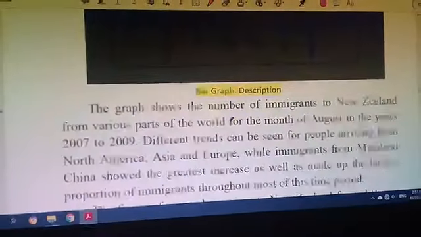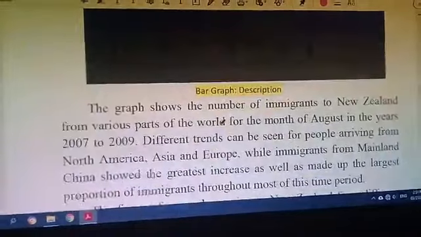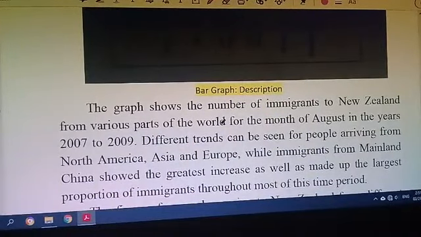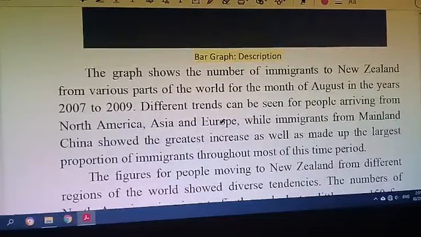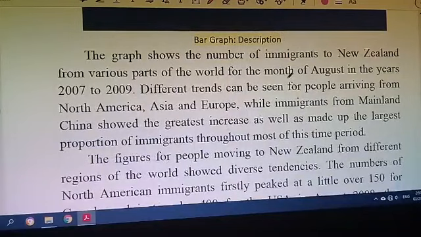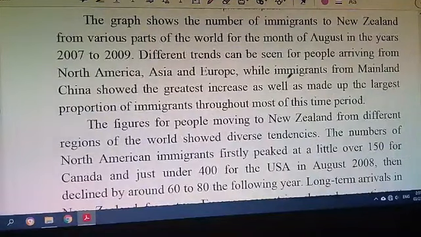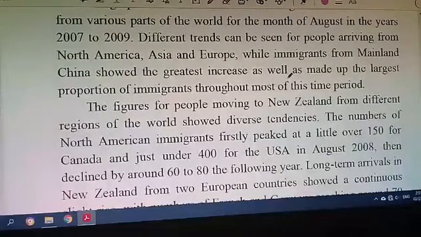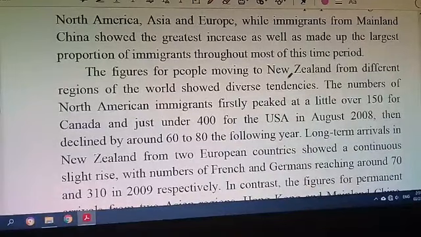Students, here you can see the image. Now I am going to read the description of the data. I believe you will try to group it into 3 sections. First section, you will write only the introductory part. Second section, try to write the body of the writing.